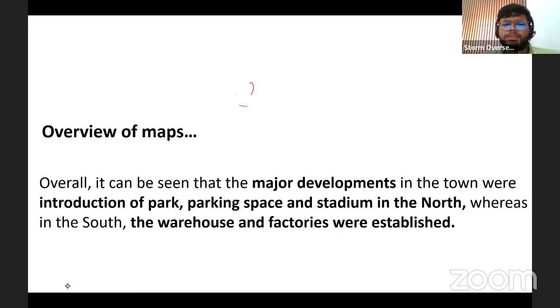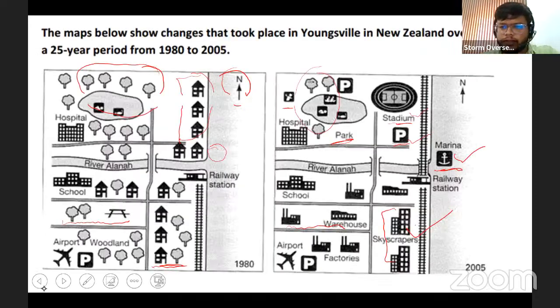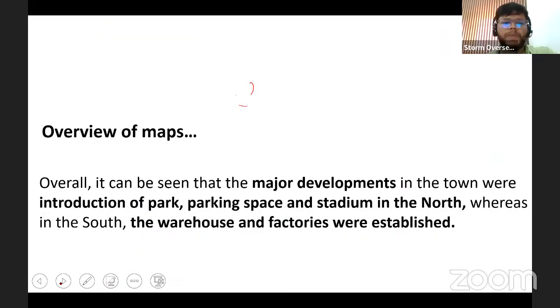What I have written is: overall it can be seen that the major developments in the town were the introduction of a park, parking space, and stadium in the north, which I had mentioned. Okay, this stadium, park, and parking space were in the northern side. Whereas in the south, the warehouses and factories were established.